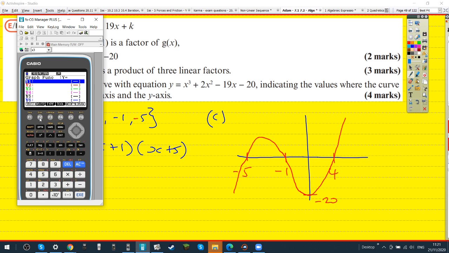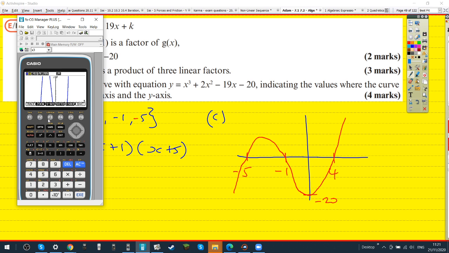Hopefully that's okay. So x power of 3 plus 2x squared minus 19x minus 20, and there we go.